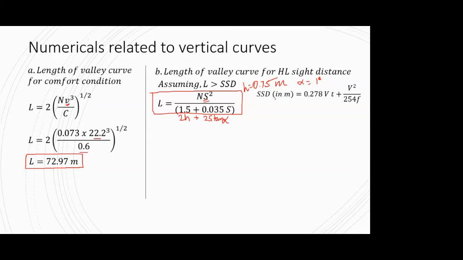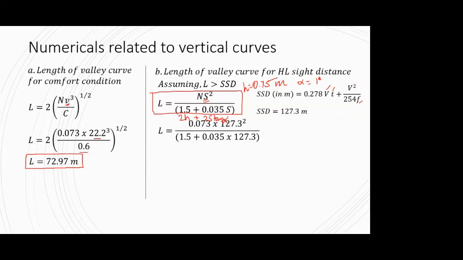So for that, on the right side, I've just shown a two-step calculation for the sight distance. This formula you are pretty much acquainted with. SSD is equal to 0.278 V t plus V square upon 254 F. Substitute the values. I have not shown the step of substitution, but you have to. That V is 80 kmph, t is 2.5, and f is 0.35. SSD comes out to be 127.3.